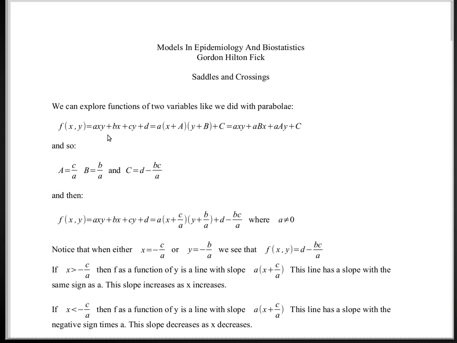We might then have, at least in part of the model, these 4 terms. We might have a term that involves the product of the 2 and a coefficient, and then the first variable, the second variable, and then a constant piece.